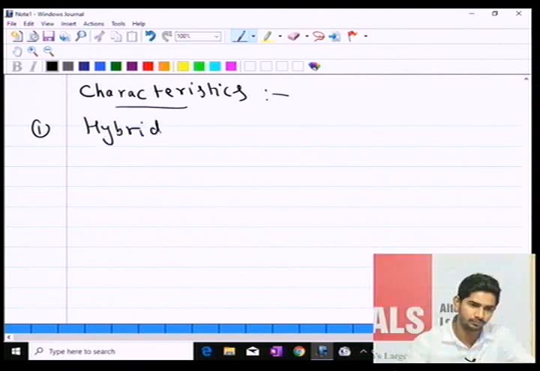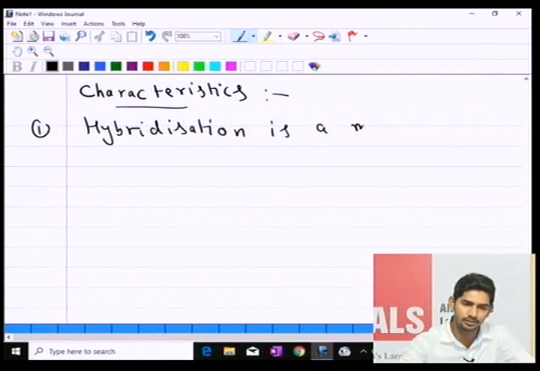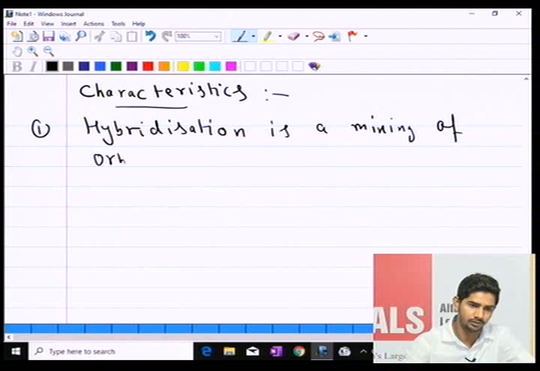Hybridization is a mixing of orbitals, not electrons.